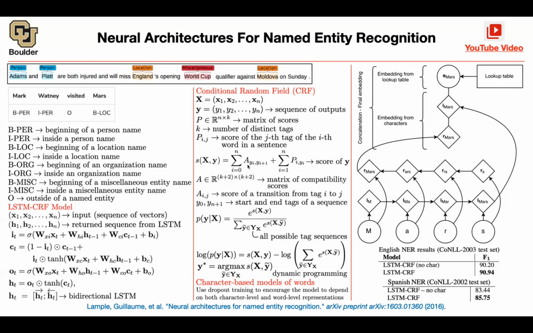You can relax that assumption and bring in some sort of compatibility score, dependence versus independence, using a matrix A, which has the size of your tags plus 2, because you have some special tags, the beginning of your sentence and the end of your sentence.